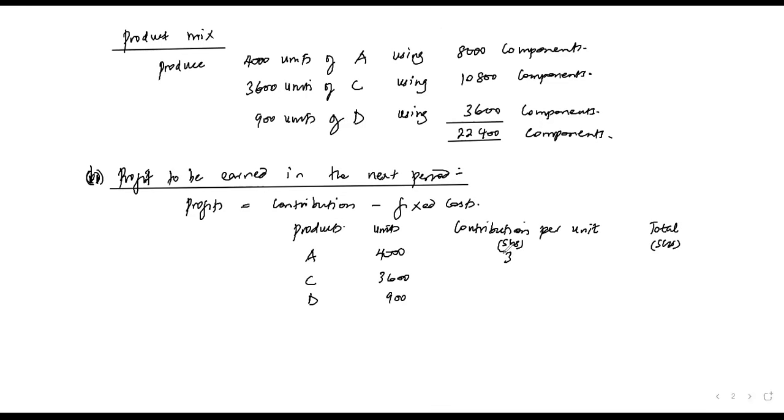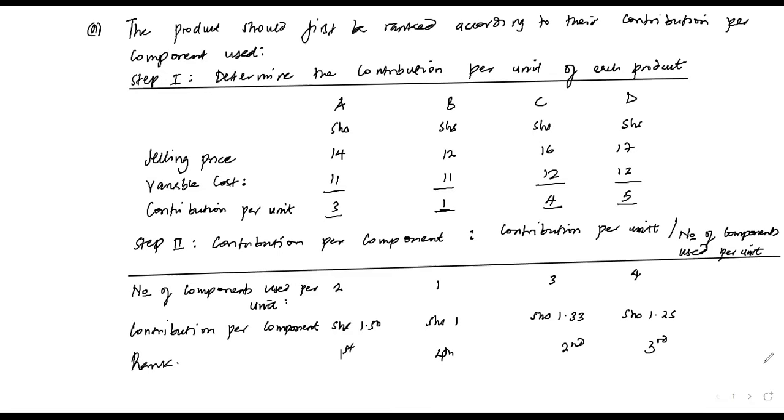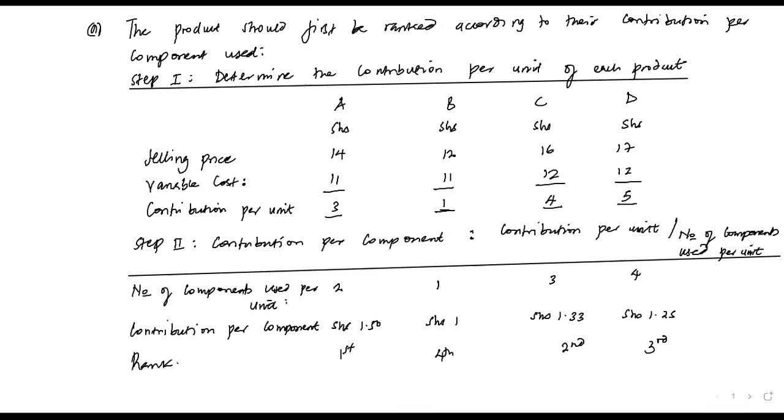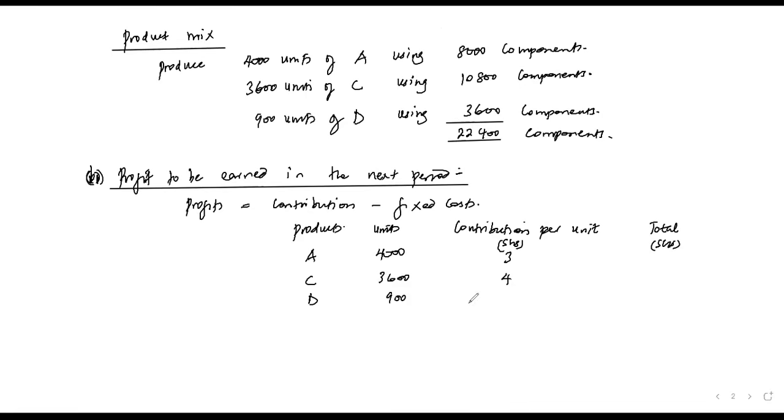Then the contribution for product C is 4. Then the contribution for product D is 5. Those are the contributions per unit of each product.